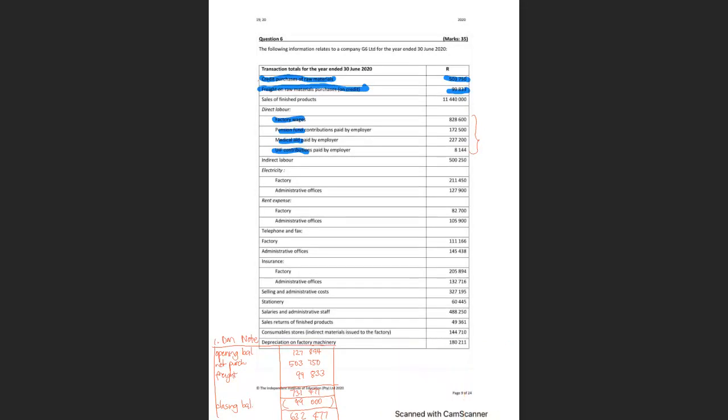So here we start off by looking for any indirect labor, indirect materials. Then you go to things like rent, electricity, insurance, depreciation, maintenance, and so forth. So let's start off with any indirect materials.